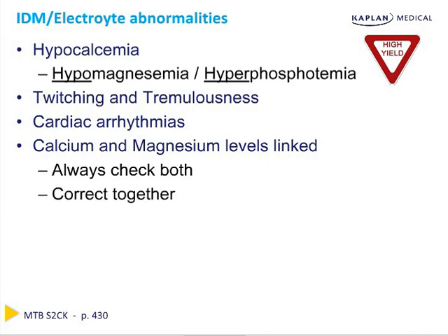Or said more clearly, you can't correct a calcium abnormality until the magnesium is corrected, because a patient with both hypocalcemia and hypomagnesemia, if you try and give them calcium, they'll continue to dump it via their kidneys because of the magnesium abnormality. So always correct calcium with magnesium. You can't correct it by itself. And in the infant of the diabetic mother, these kids have twitching and tremulousness, and you have to be concerned for cardiac arrhythmias.